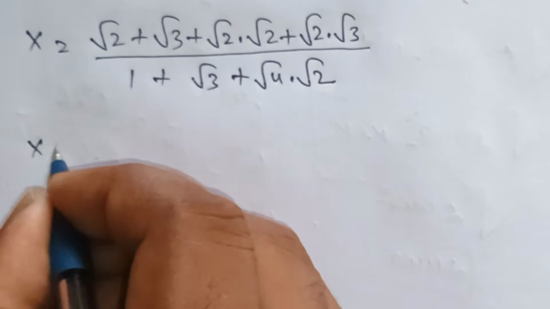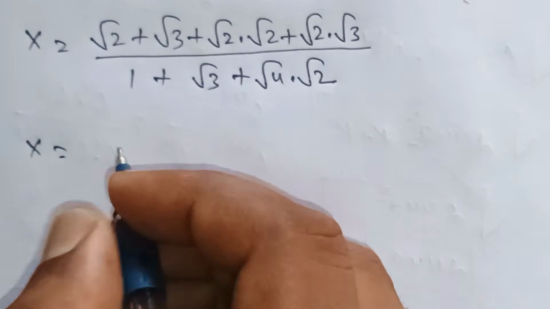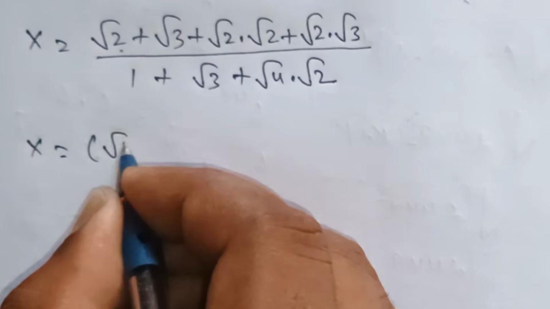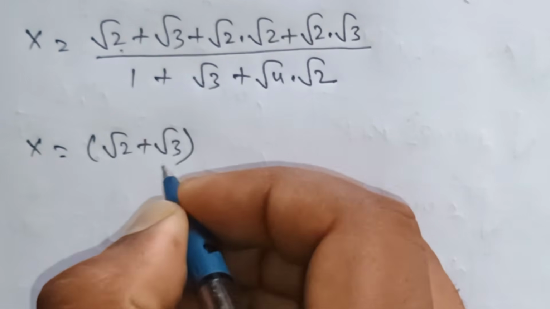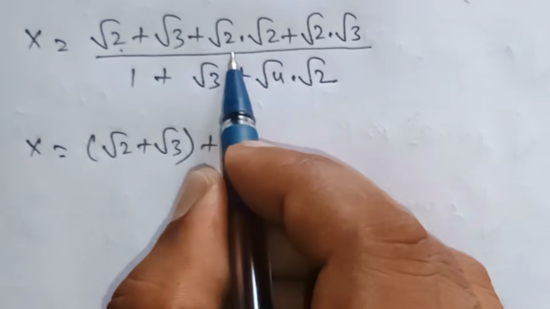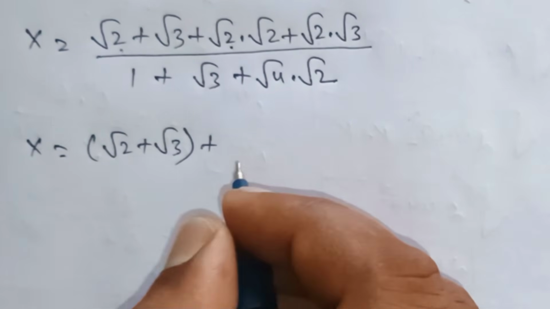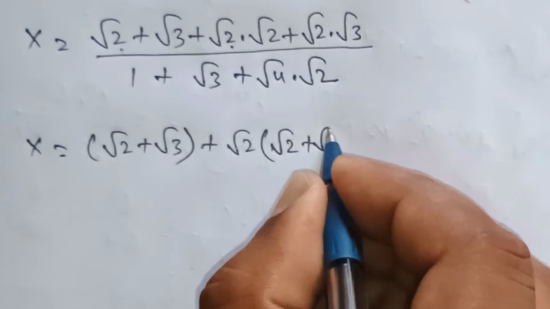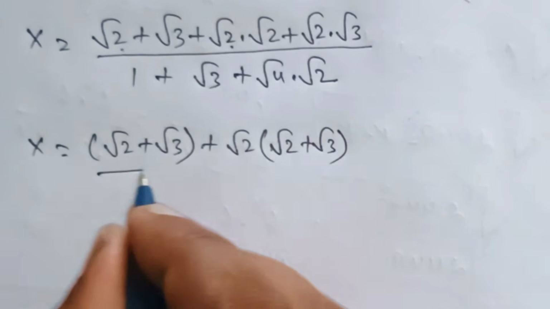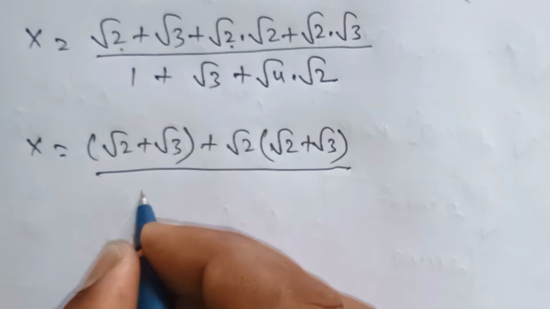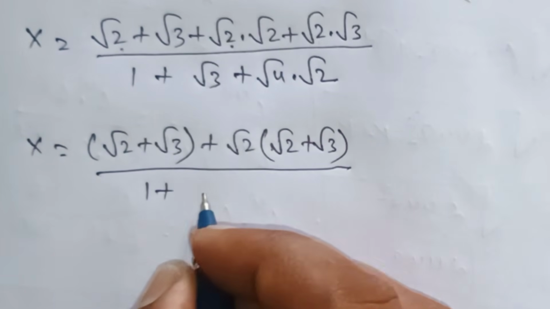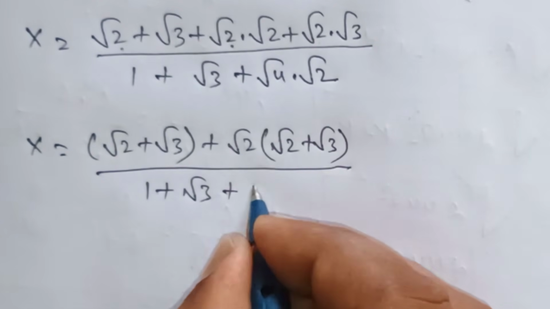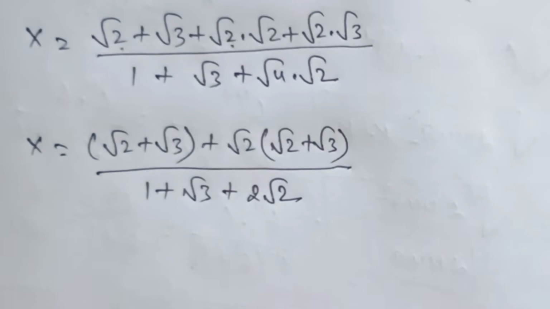Here x is equal to root 2 plus root 3, that means bracket open root 2 plus root 3, plus root 2 taking common, root 2 into root 2 plus root 3, divided by 1 plus root 3 plus root 4, which is 2 into root 2.